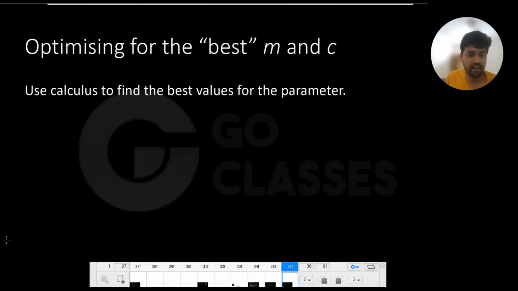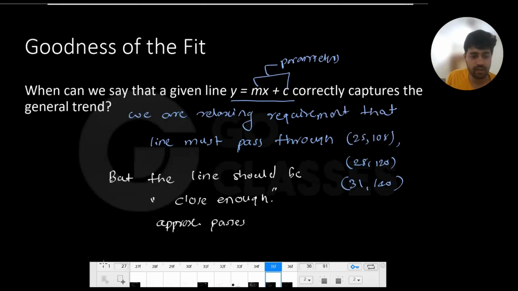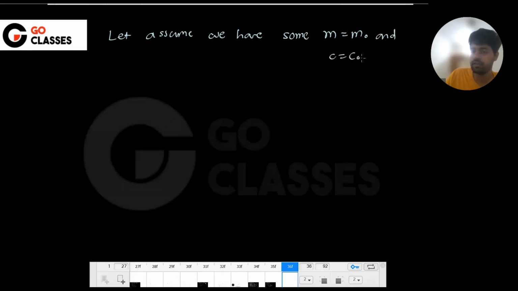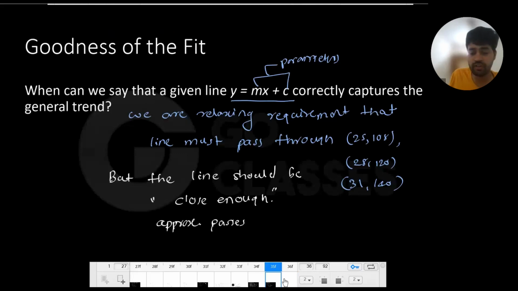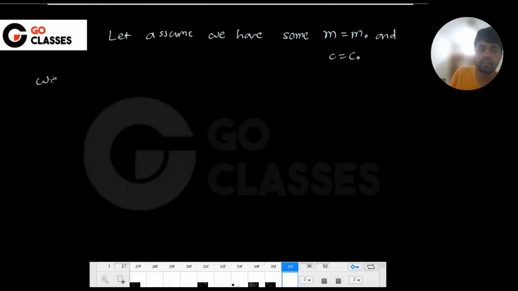Let's assume we have some m. I'll just write m is equal to m0. Again, it is just some value. It may not be the correct value. And c is equal to c0, right? Let's assume that. Now when we say it approximately passes or close enough, what do we mean by that?